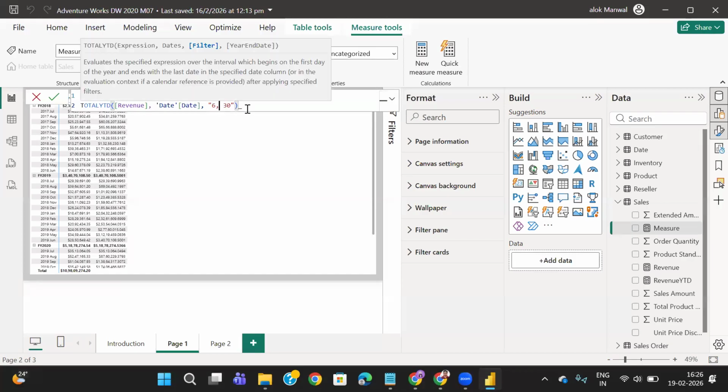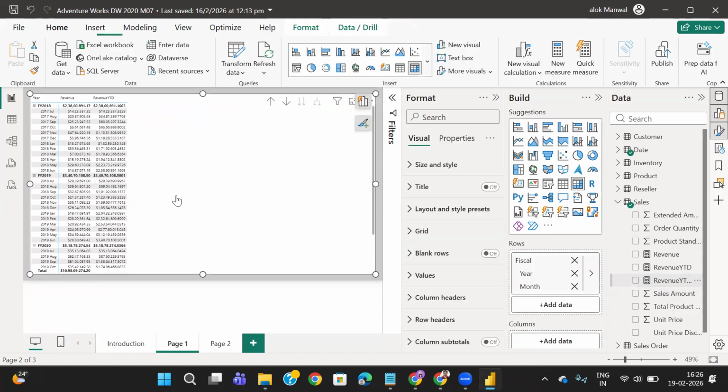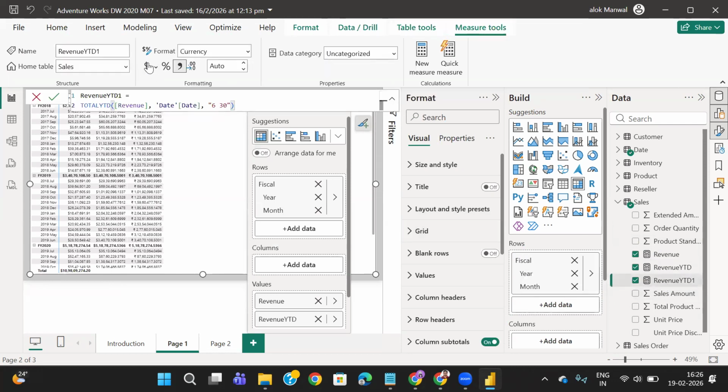So, okay, it will give me the same. Let me convert it into the dollar. Okay, so this is how it looks.